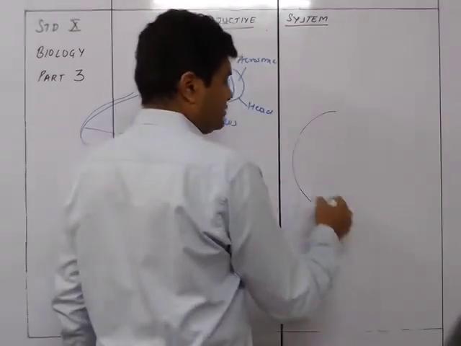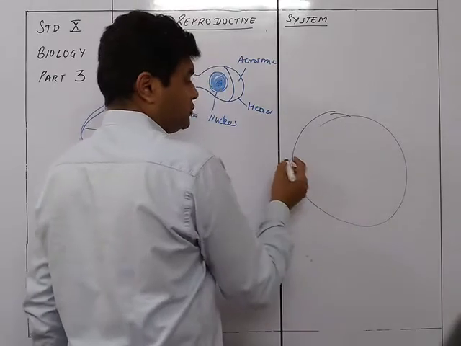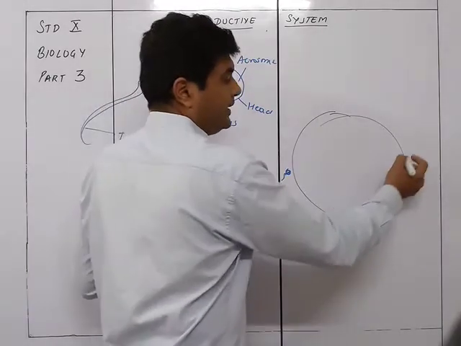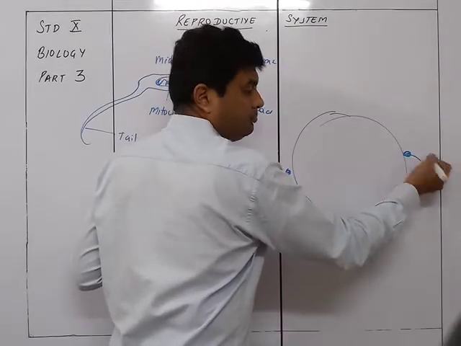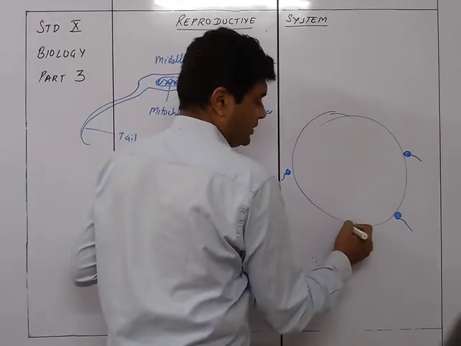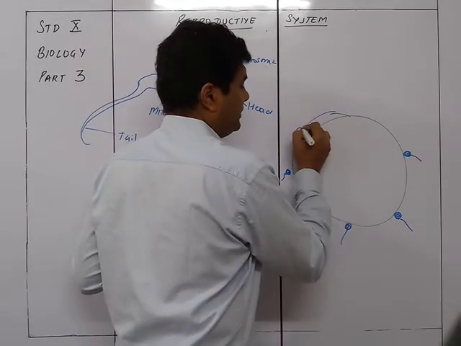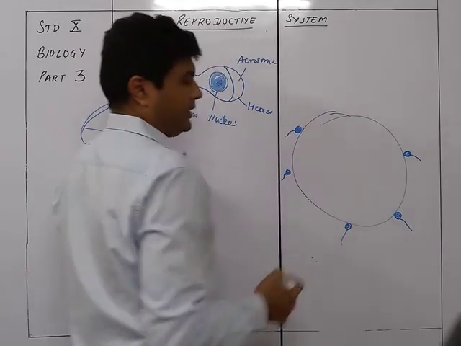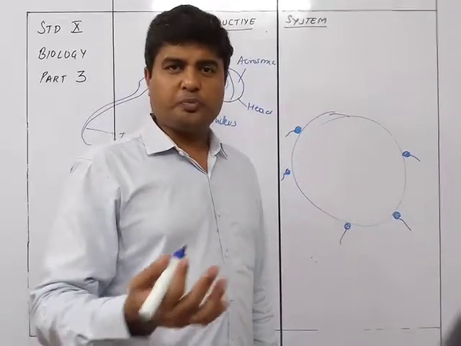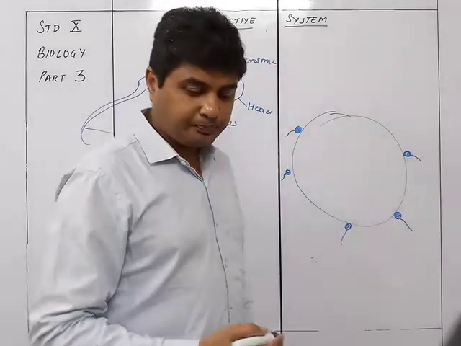The egg is so big as compared to the sperm, which will be so small. So it could be that maybe 10-15 sperm can reach this particular point at a time. Millions of sperms are there, so many of them will reach here.